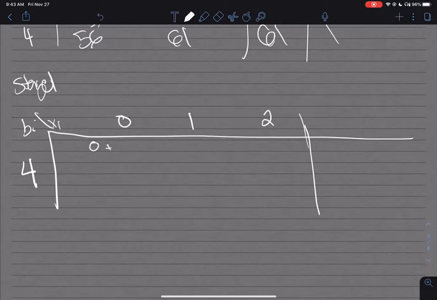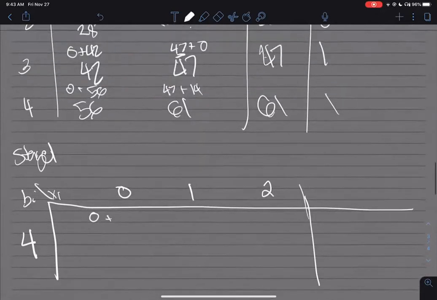How much weight do I have left for items 2 and 3? 4. So 0 plus 61. Correct. If I have 4 units of weight left, the best alternative from the previous stage is 4, 61. Therefore, it becomes 0 plus 61. It becomes a 61. Everyone follow?